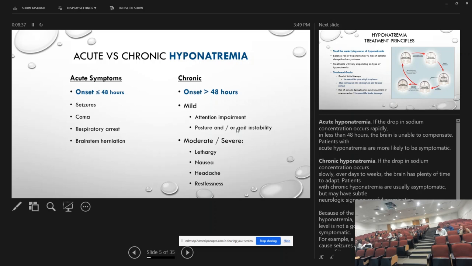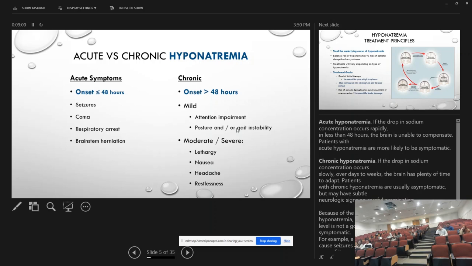Some more moderate to severe would be lethargy, so just tiredness, things like that. Nausea, headache would be one, and restlessness. So those are more mild to moderate symptoms. And again, that impacts how you treat the patient.